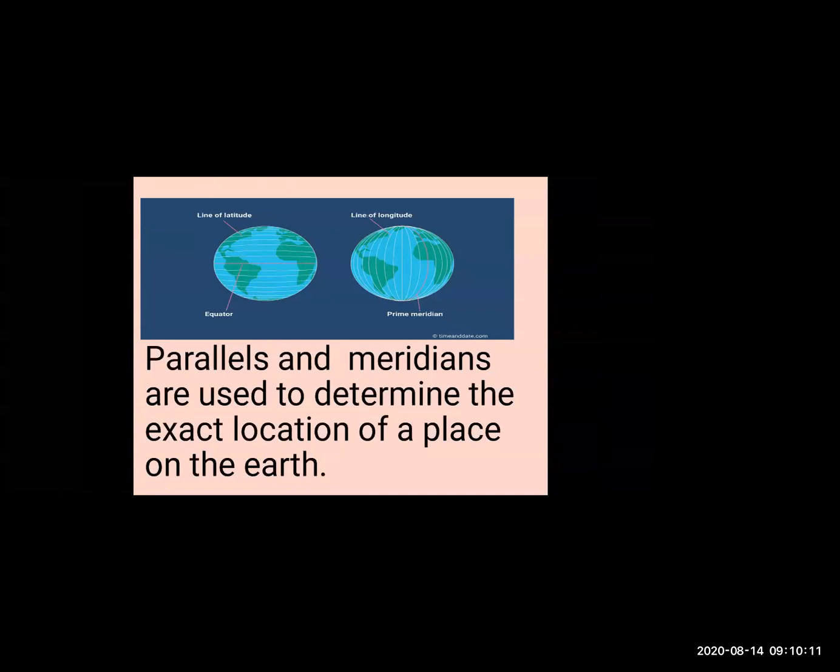Because parallels and meridians are used to determine the exact location of a place on the earth. To show the location, not only direction is important. Only with direction we cannot show the exact location of a place, but with the help of parallels of latitude and meridians of longitude, we can show the exact location of a place on the earth.